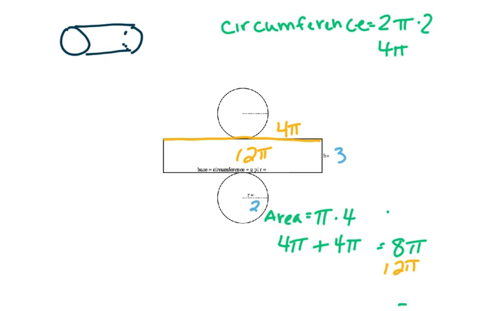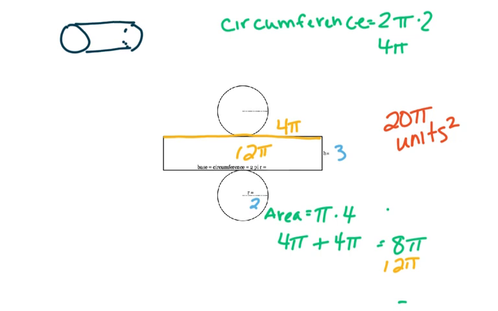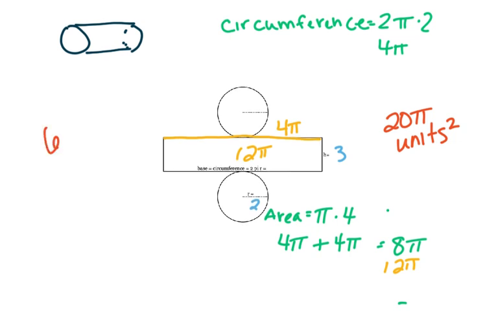And we know that the overall surface area is going to be 20 pi units squared. And again, we can multiply that by 3.14 to get what the total would be. So it would be 62.8 units squared for the surface area of the cylinder.